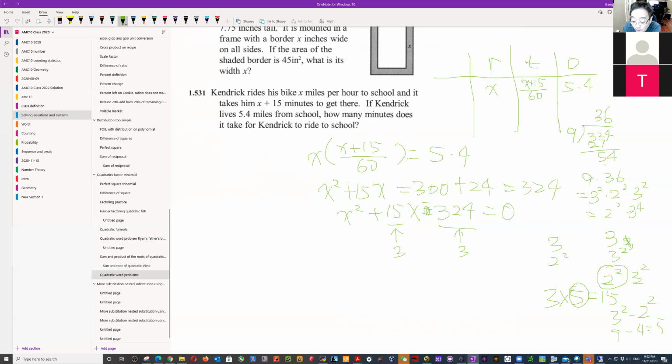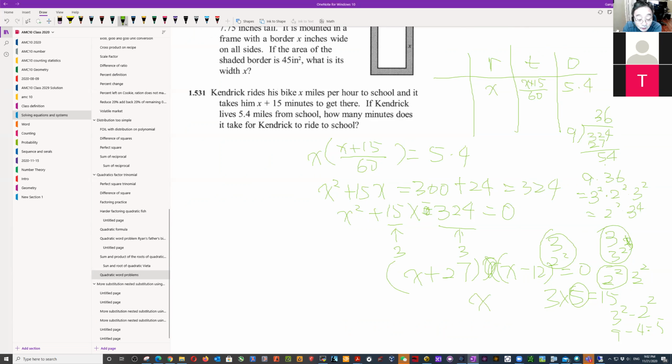So basically, we will have x plus 27, because this is 27, and then x minus 12 is going to be equal to 0, and this will actually add up to positive 15.